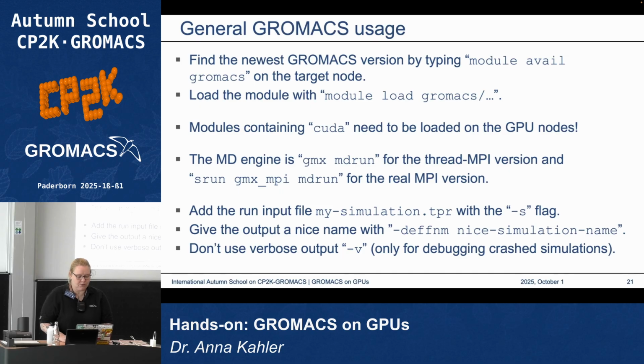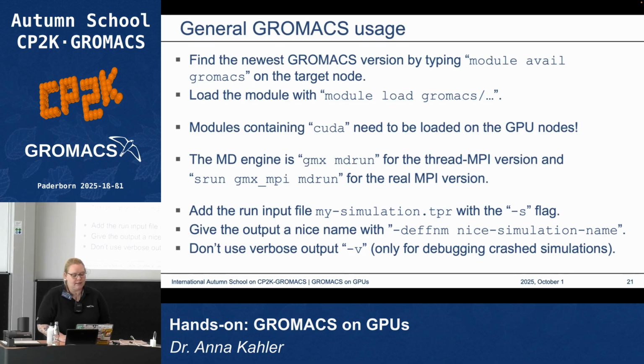For GPU code, it makes sense to use the CUDA version. In most centers, the module names will have something with CUDA inside of them, or MPI or something. So if you want to use GPUs, use the CUDA version. For the thread MPI version, the MD engine is called gmx mdrun. That was different in past versions, really old versions.